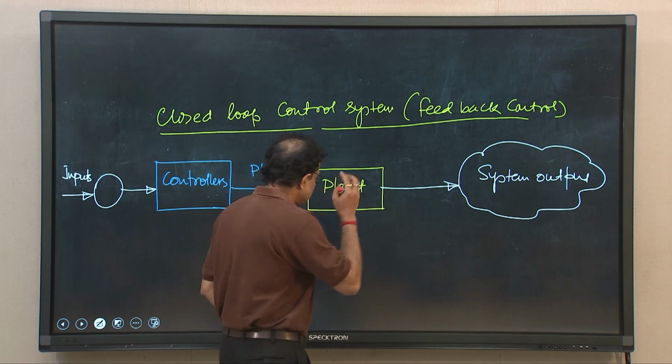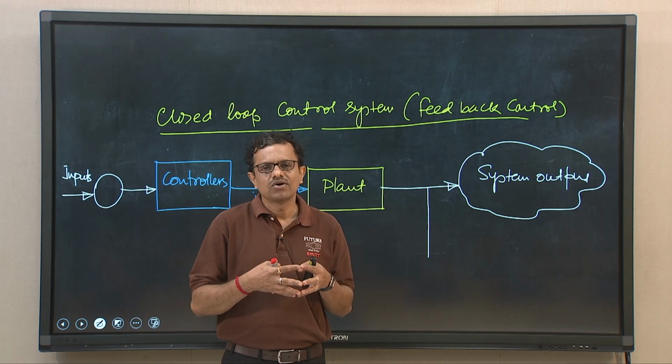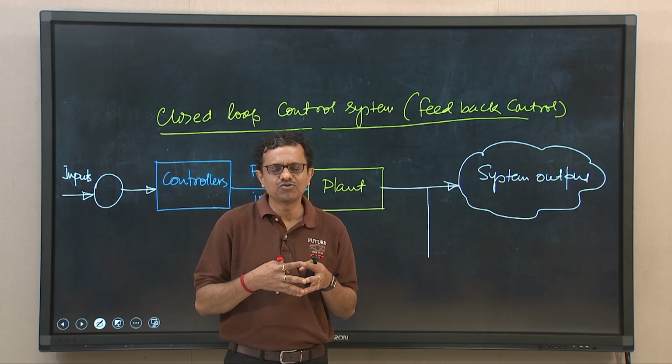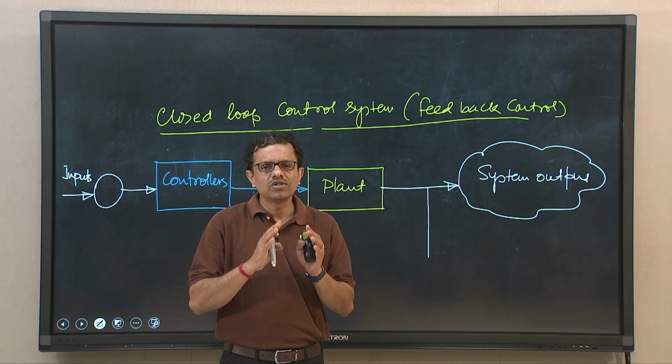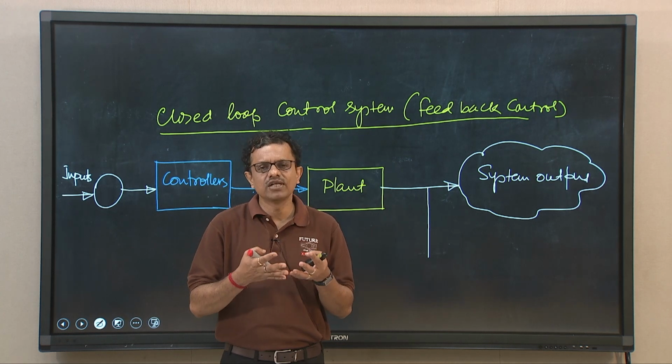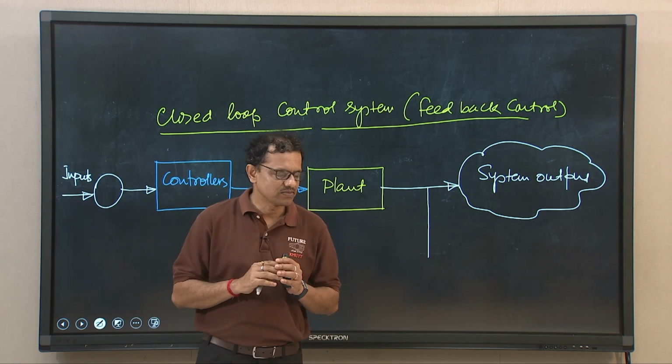That means there is a provision of taking feedback of what the plant is doing. As I told you in the previous case, the controller did not know what the plant is actually doing, and because of this lack of feedback from the plant output, the controller won't be able to control the plant output, and the plant always will give the desired output which is already fed into the plant.